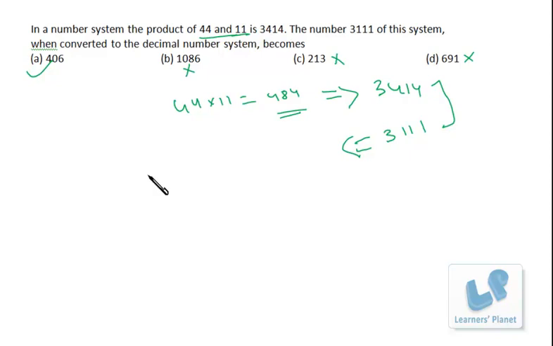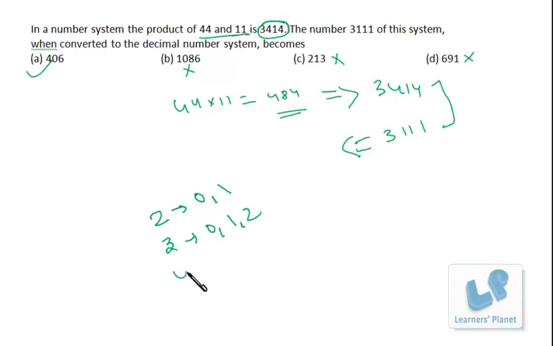Now see, product of 44 and 11 is 484, and in other system it is written as 3414. Now which number system can it be? It will be definitely more than 4, because if it is binary number system, digits 0 and 1 are used. If it is 3 number system, then digits 0, 1 and 2 are used.